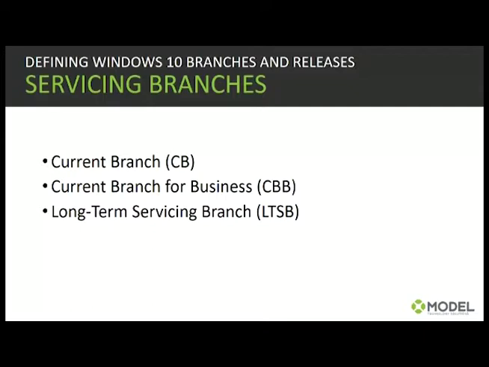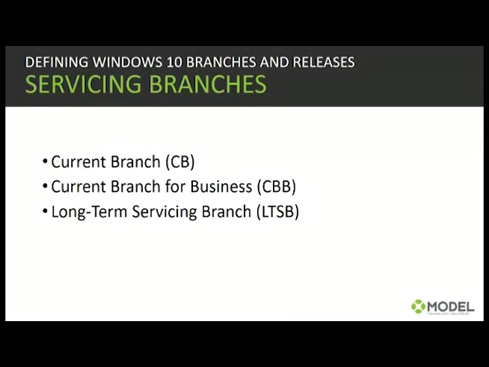The last piece is long-term servicing branch, and this is used for specialized systems like medical equipment or point of sale systems, ATMs. Maybe it's something that's out in a remote location. One of the scenarios we came across recently, which is one of the first recommendations we really had for LTSB, is remote PCs that are very poorly connected, that have 1 or 2 functions that they serve, and it is very difficult to get to, and they don't necessarily need to be updated all that often.